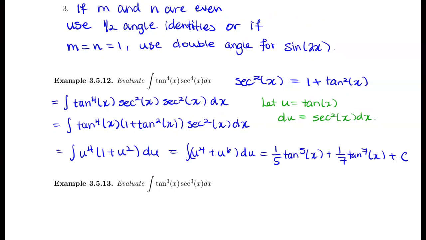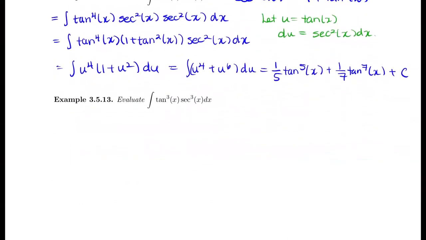Okay, so let's have a look at the second example here. So say we have the integral of tan cubed of x times secant cubed of x. Now, let's see. So say we break up the tan cubed of x. So we have the integral of tan squared of x multiplied by tan of x, and then multiply that by secant cubed of x dx.